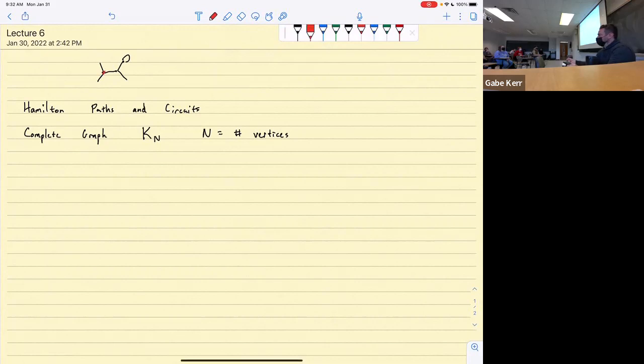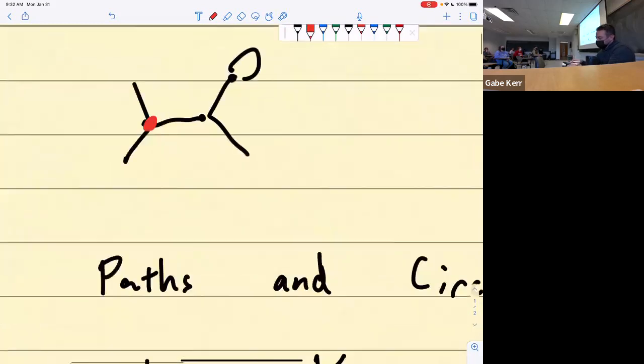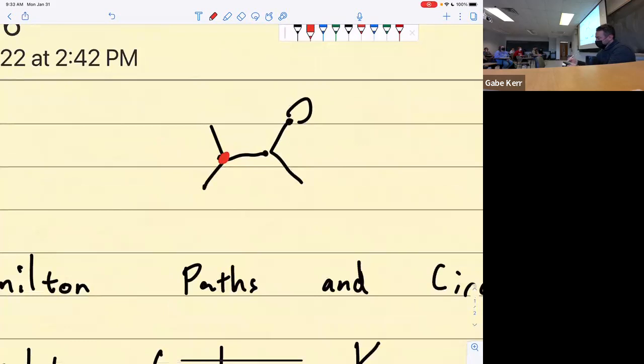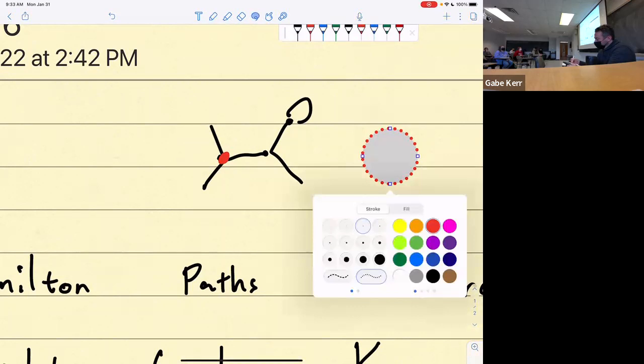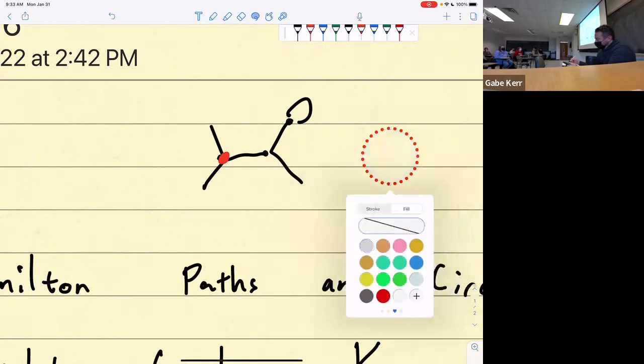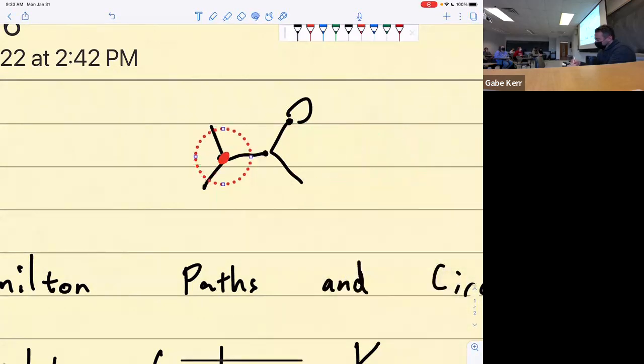and I want to ask about the degree of one of the vertices, let's say this red one, what is the degree of that red vertex? 3, right? And the reason is I can take this and magnify, look at just that region, and what I'm seeing there is the half edges.